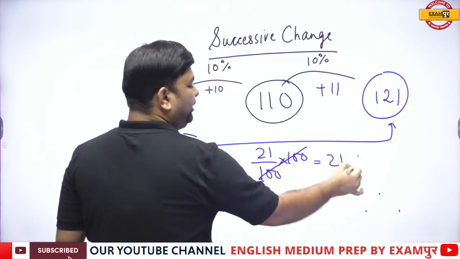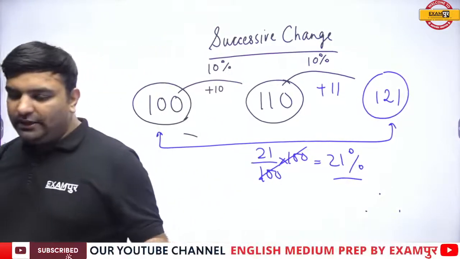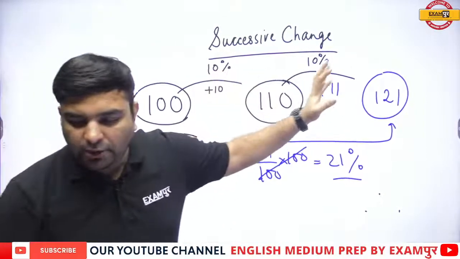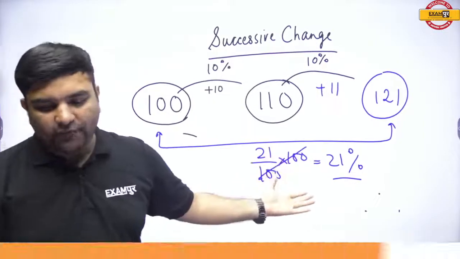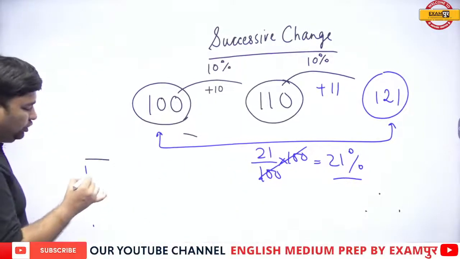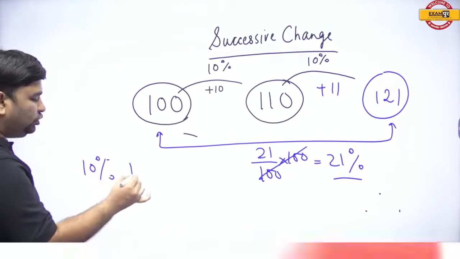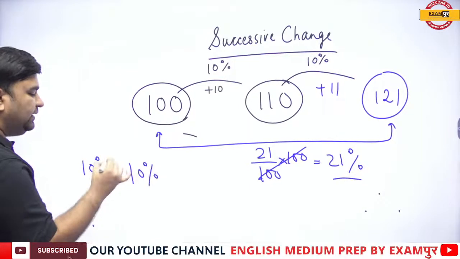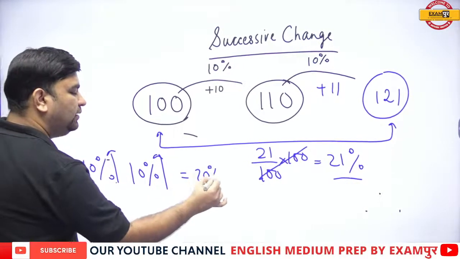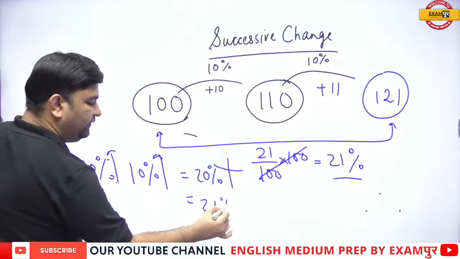So the point is that 2 increments of 10% give an effective increment of 21%. 2 increments of 10% do not give an effective increment of 20%, but it gives an effective increment of 21%.